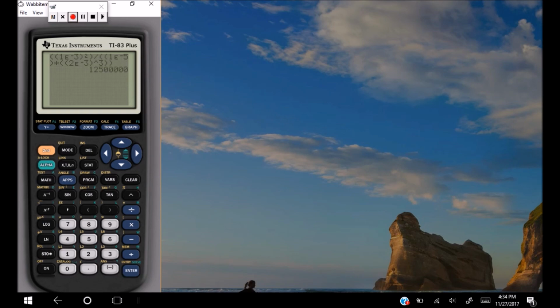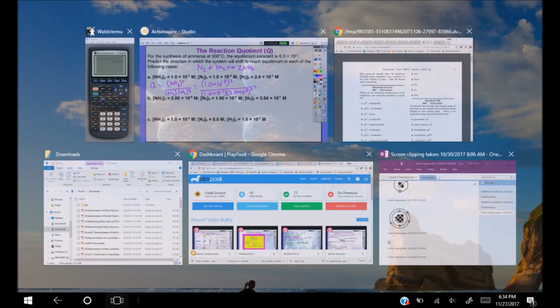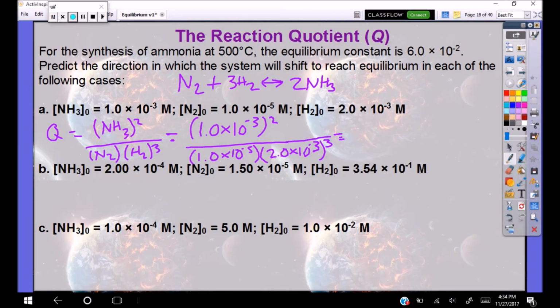All right. So we get a very, very large Q. Okay. So 1, 2, 3, 4, 5, 6, 7, 1.3. 1.3 times 10 to the 7th.